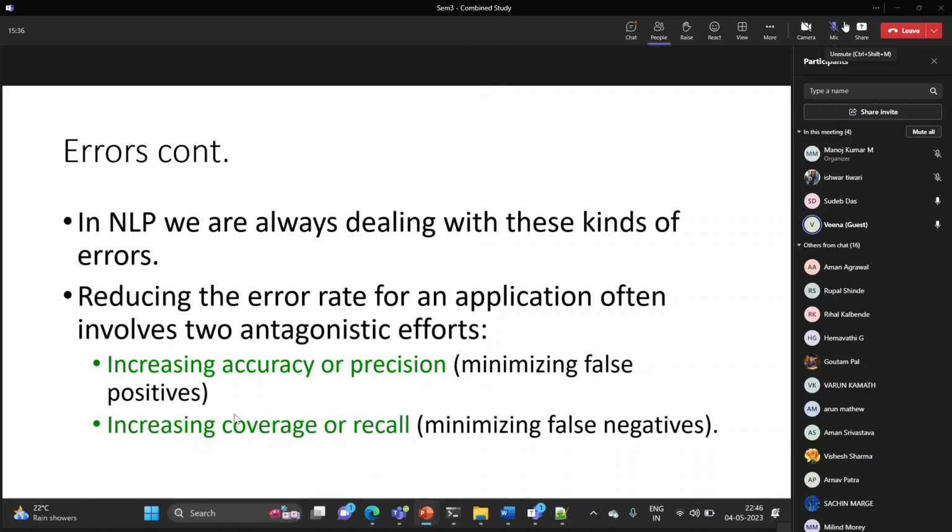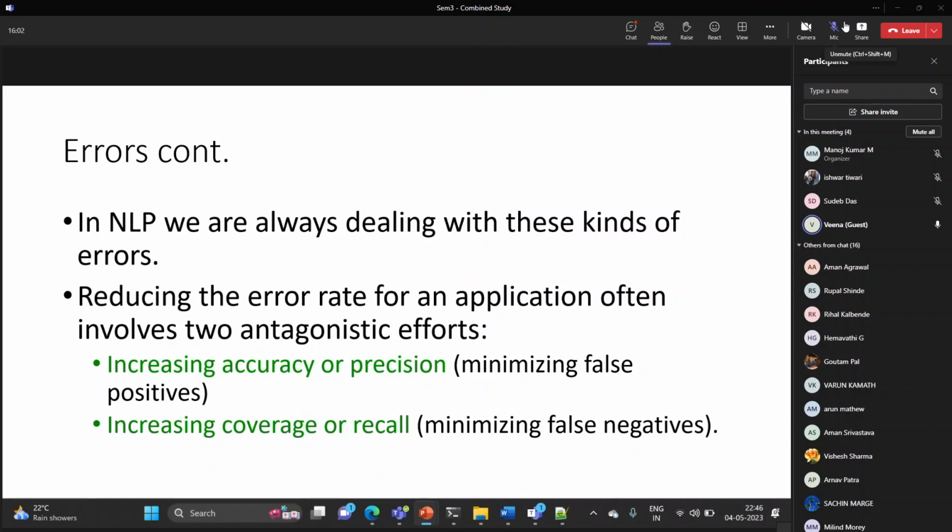But if we are getting a lot of spam mails in the inbox, then that process is not working. That will be a recall issue. If we have more false positives, like all the correct mails being classified as spam, then it is inaccurate, right?